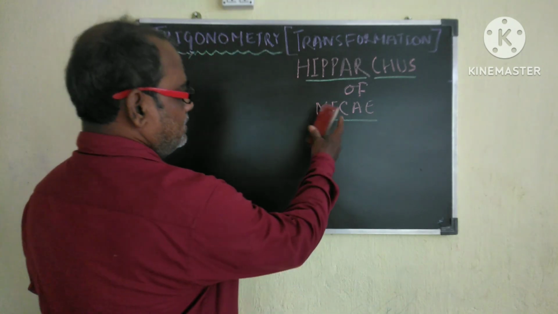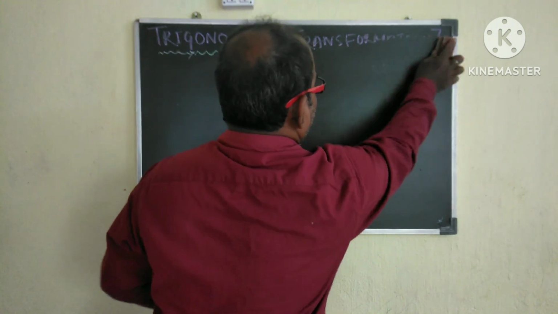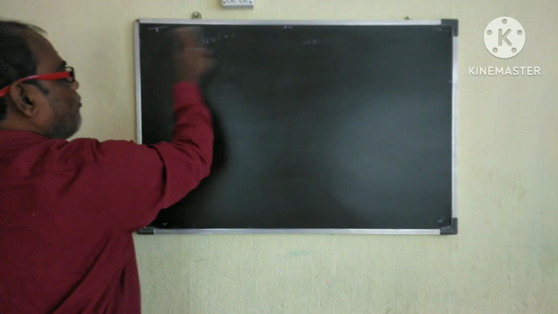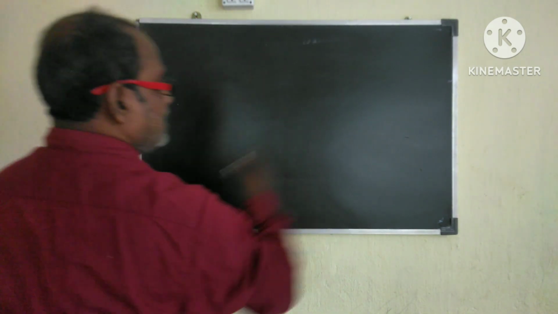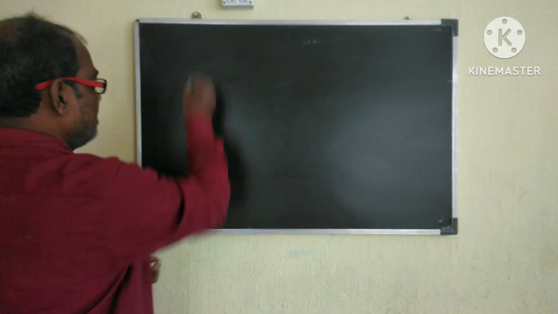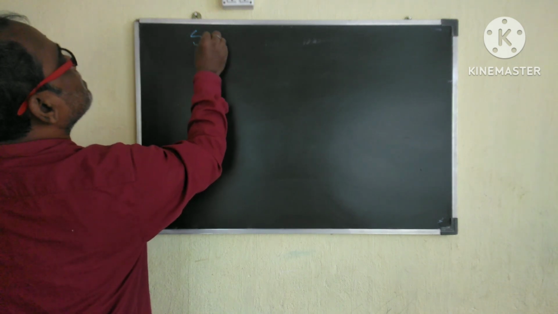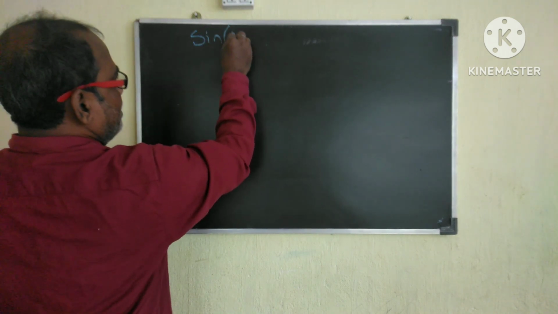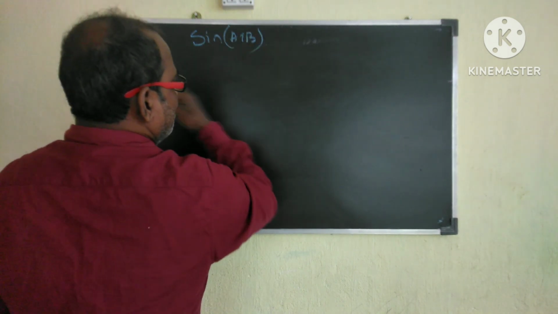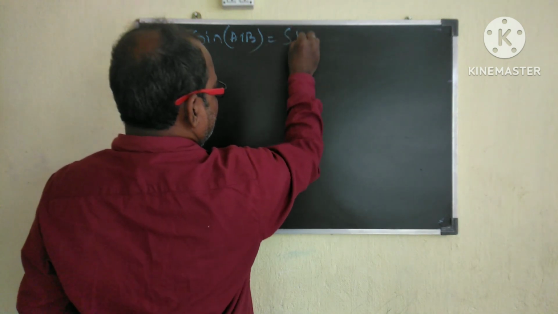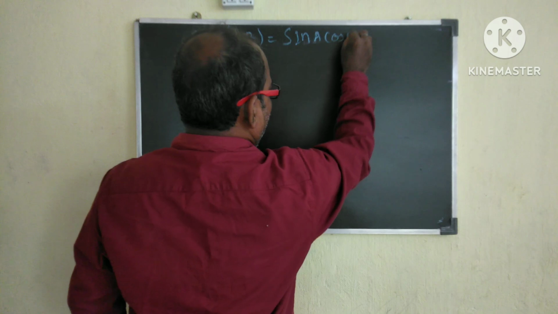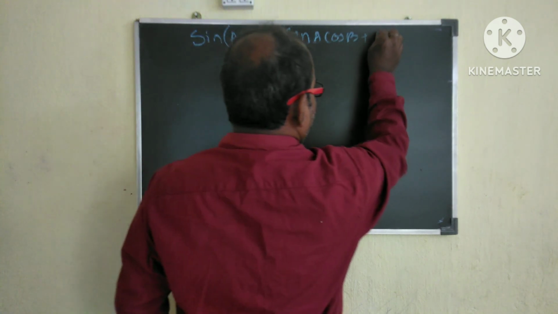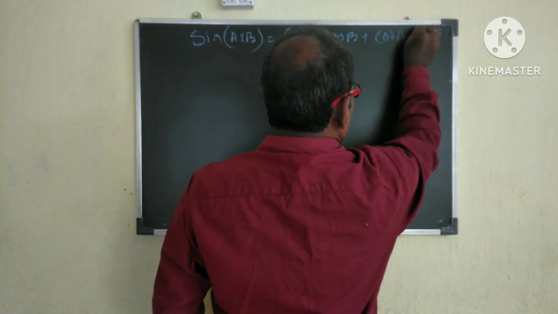Already we have learned in our earlier class that sine of a plus b is equal to sine a. Let me write here on the board. Sine of a plus b, we know that it is sine a cos b plus cos a sine b.